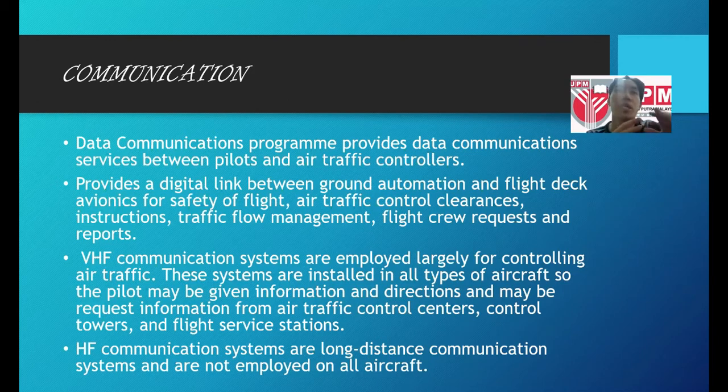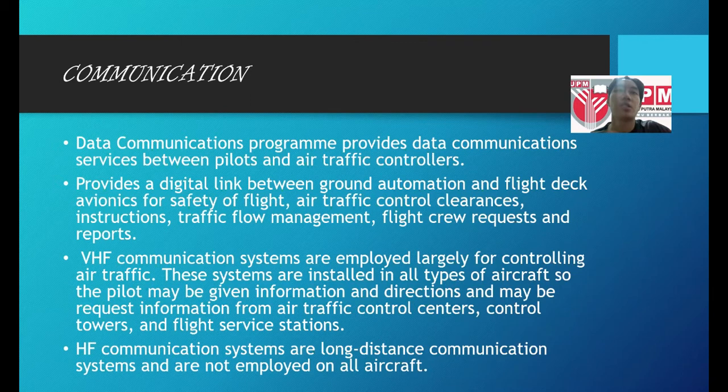So it needs to communicate for the safety of flight: how much altitude the flight can fly, what is in front of the flight, and whether it is safe to land. And if the flight crew requests anything, such as wanting to take off, that is involved in communications.